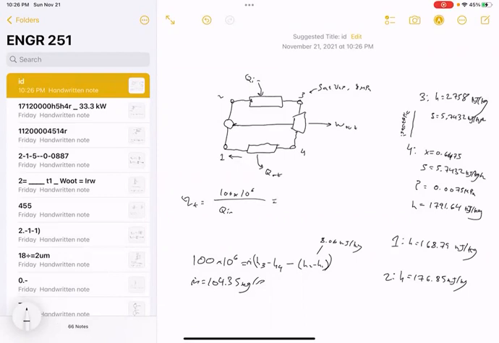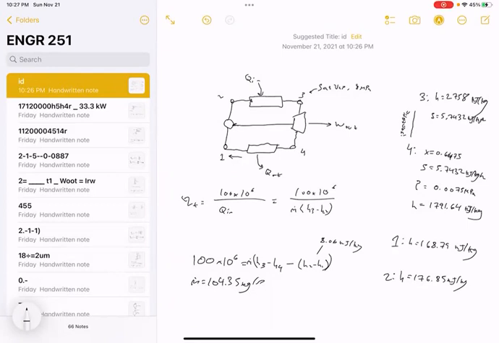Our Q in is also in terms of power. We know the change in enthalpy across the boiler where our Q in happens, and now we know the mass flow rate. So m dot times H3 minus H2 represents the Q in we're adding in the boiler.